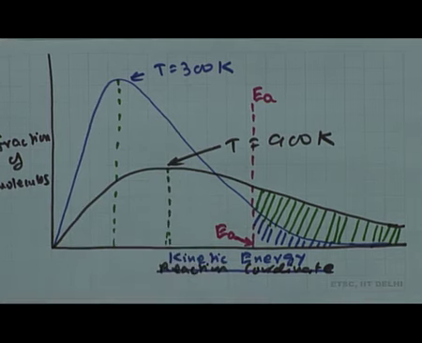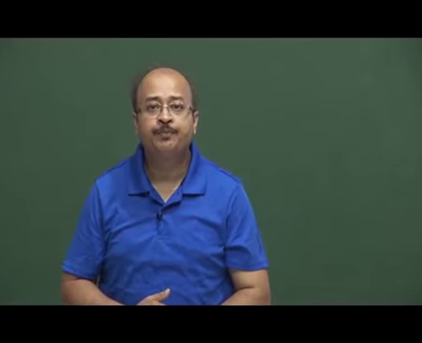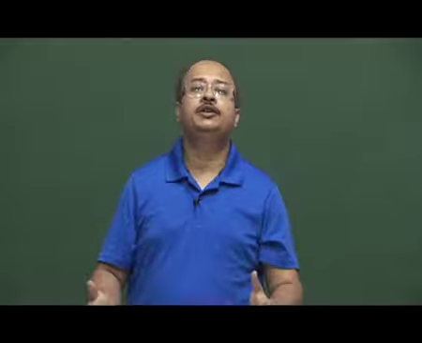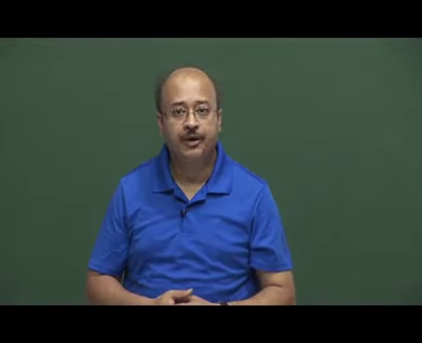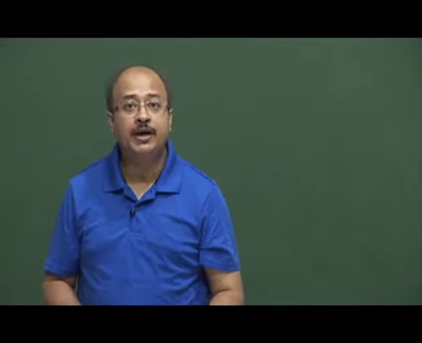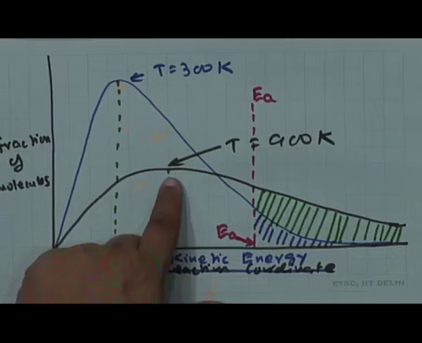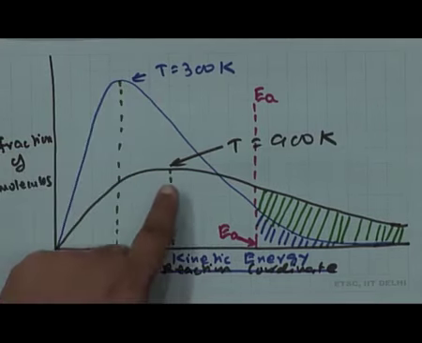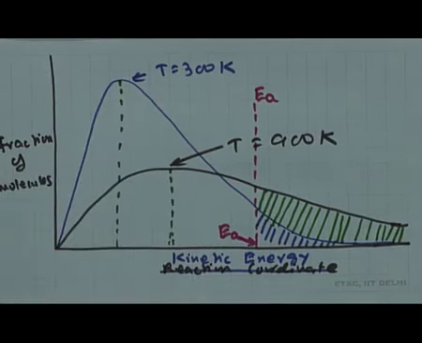This is logical. As I said at the start of the discussion of this distribution, if I increase my temperature, my kinetic energy is going to increase, and this is reflected by the shift of the peak to a higher value.